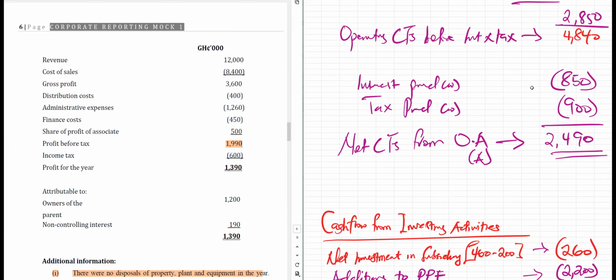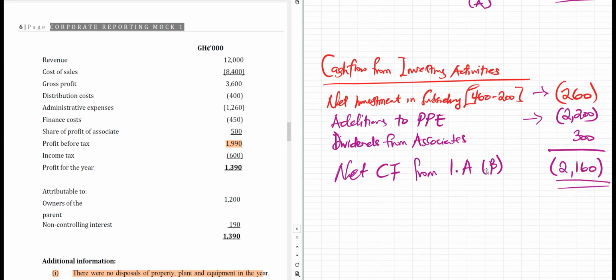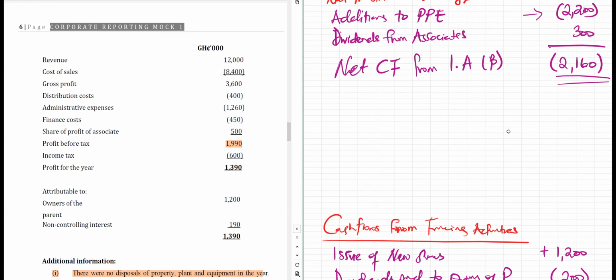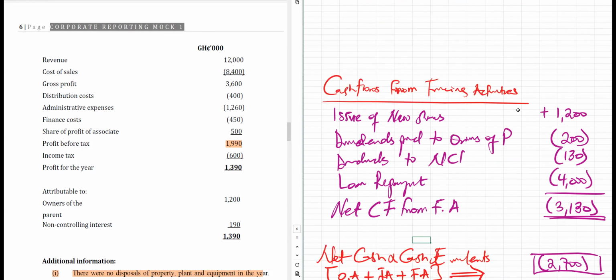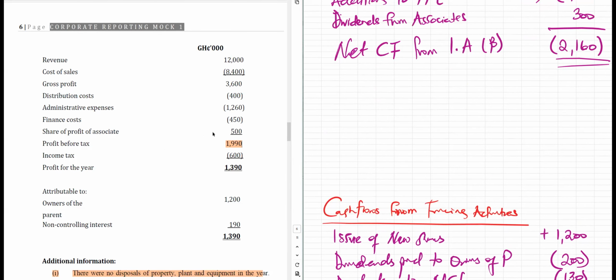There are other questions waiting. 4840 minus 850 minus 900 gives 3090. 3090 minus 2160. 2160 minus 3130 gives 2200. Why 2200 now?